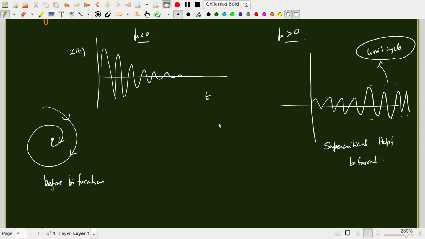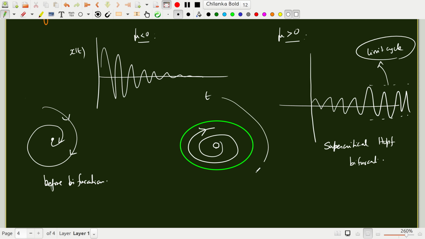Now after the bifurcation, you have a limit cycle. What this means is that this point has become unstable. So trajectories are going to spiral out, and then eventually go to this limit cycle, and trajectories outside will also converge to this limit cycle.